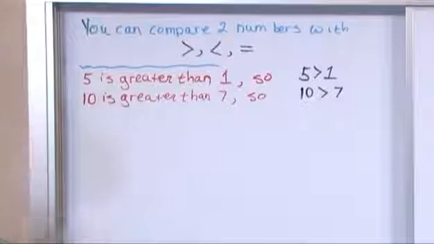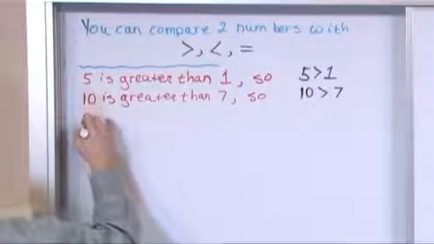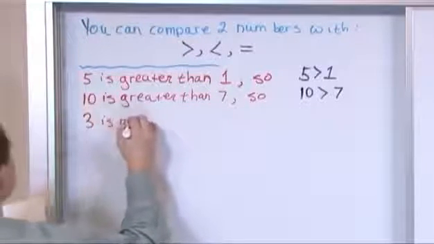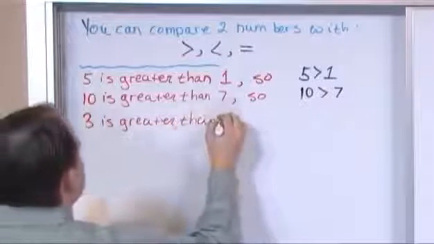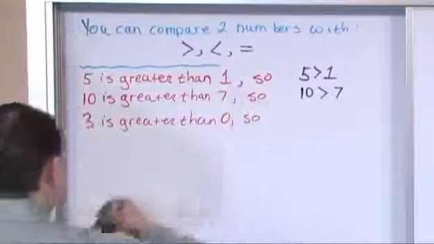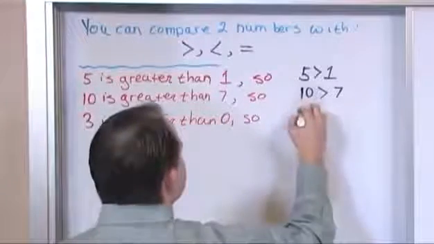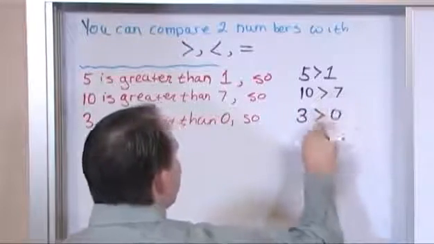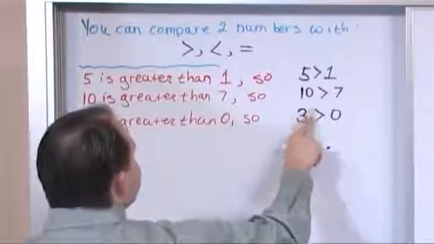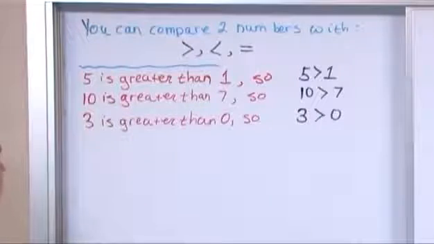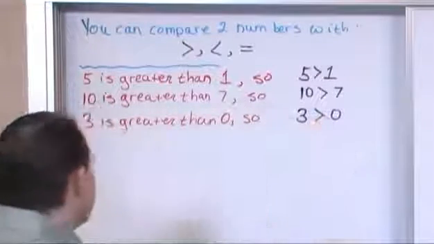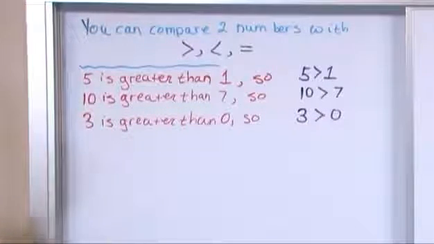That's the only rule in this entire section. 3 is greater than 0, so 3 is greater than 0. It always points to the smaller number. The open end of these arrows is always next to the larger number that you're comparing, and the closed end is always next to the smaller number, and that's all that symbol is really trying to tell you.